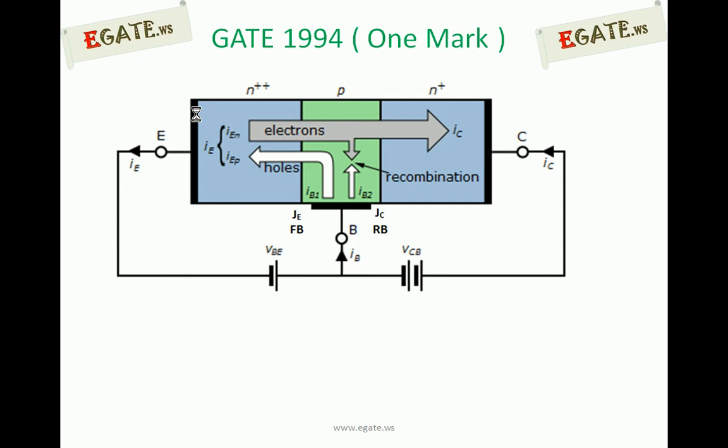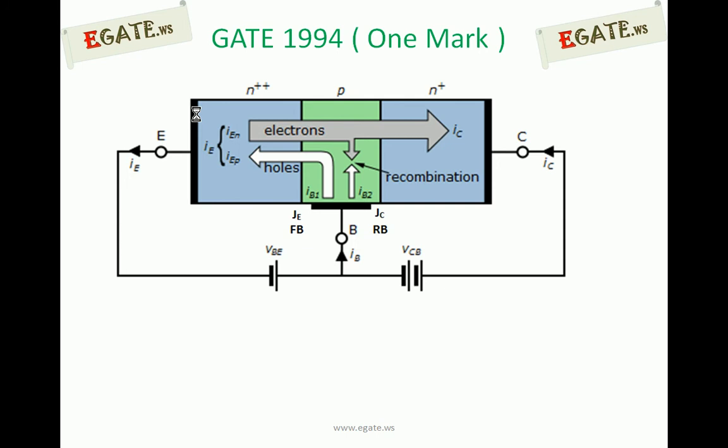The meaning of active region is emitter base junction forward biased, collector base junction reverse biased. So we must use power supplies and possibly current limiting resistors such that we get this condition.